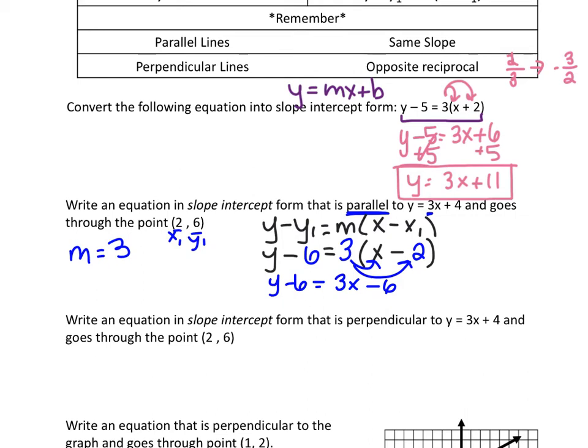Last step to isolate our y, add 6 to both sides. We get y equals 3x. And that's okay if the 6's on this side cancel out, because that just means your y-intercept is 0. Your graph will go through the origin. So y equals 3x is a line that is parallel to 3x plus 4.